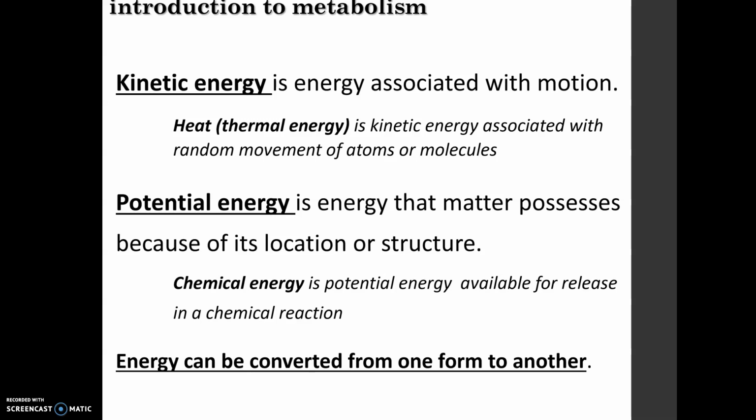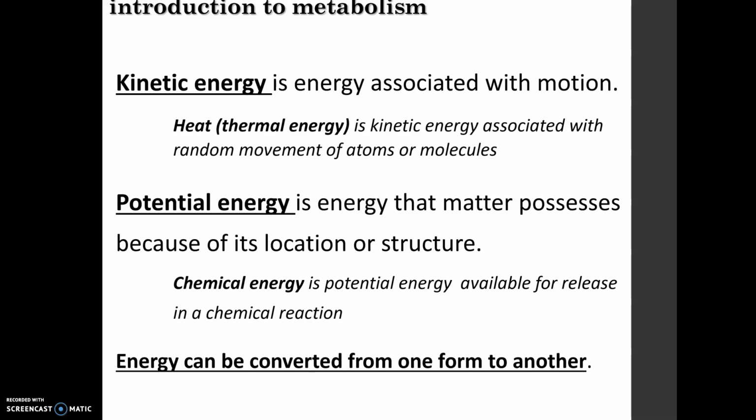Potential energy is energy that matter possesses because of its location or structure. The ball on top of the hill has quite a bit of potential energy, and as soon as it starts rolling down the hill, it changes to kinetic energy.